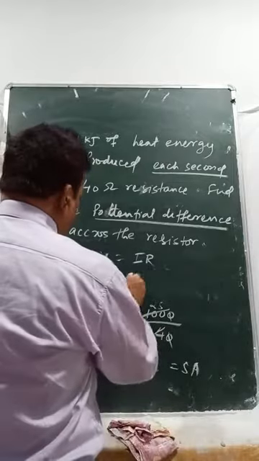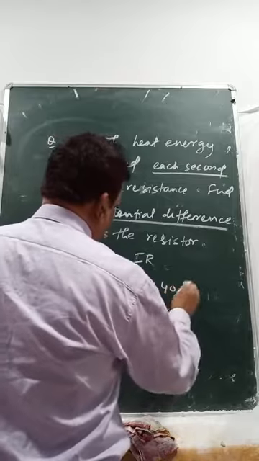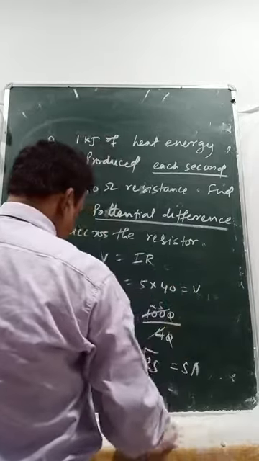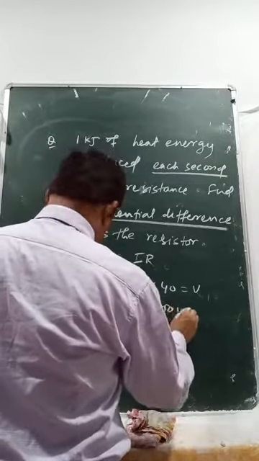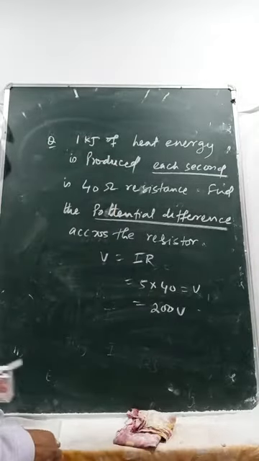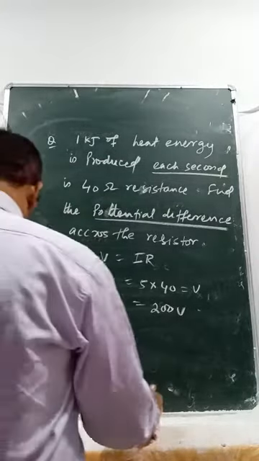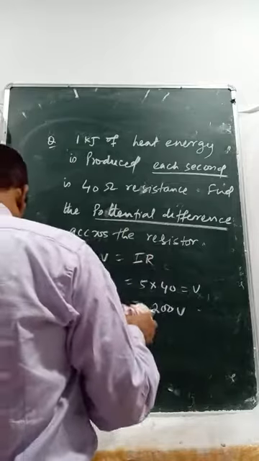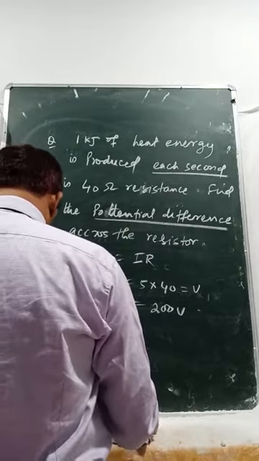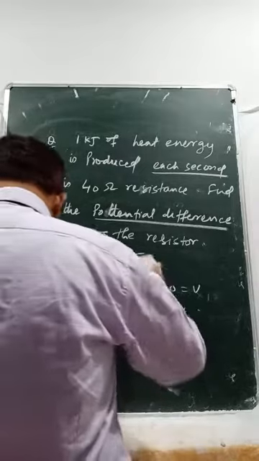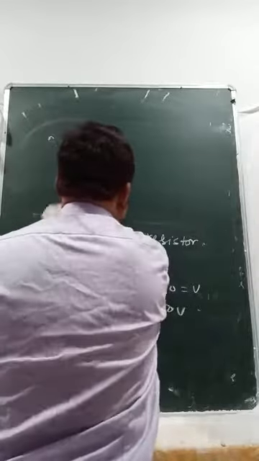So I is 5 ampere into resistance 40, the unit of potential is volt. So how much did you get here? 200 volt.